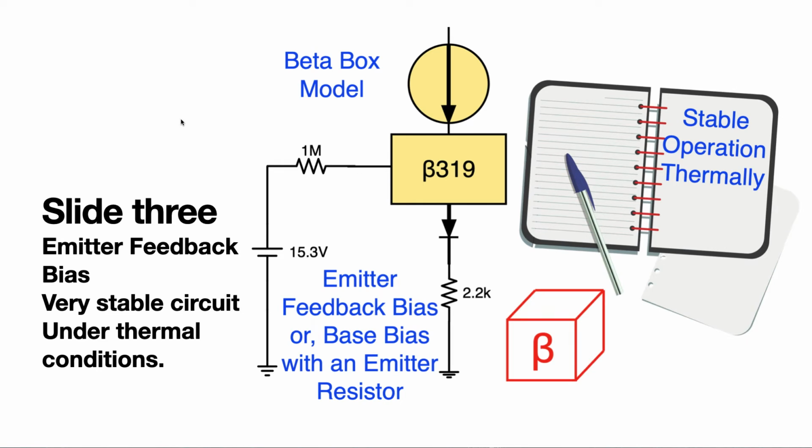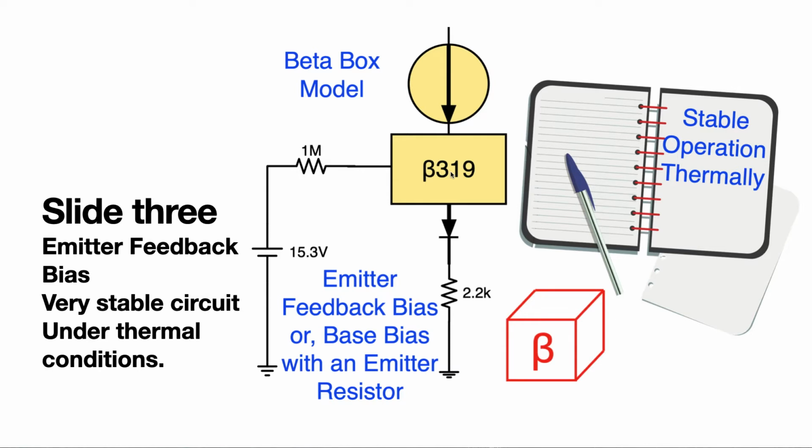In this PowerPoint, one of the key features is thermal stabilization. So I've got here a very stable circuit under thermal conditions. As transistors and diodes are in circuits and they start working, they start to get warm.